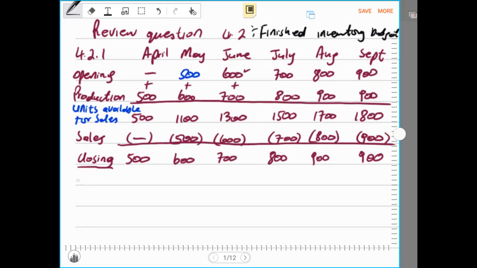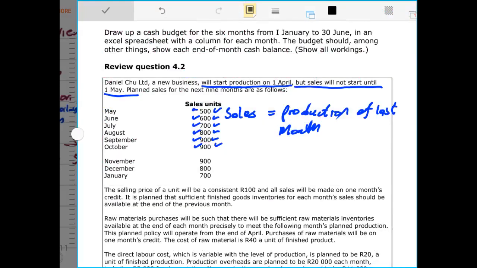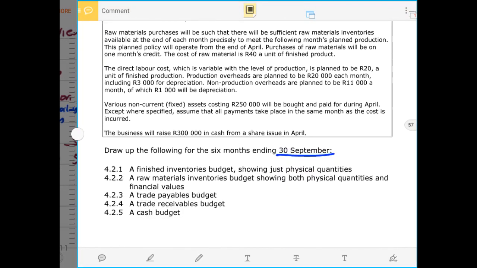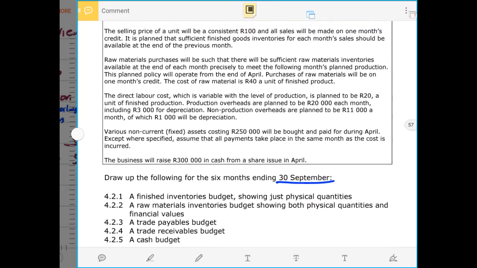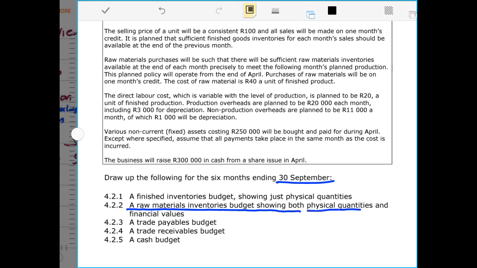And the next budget will be question 4.2.2. So now we are doing the same 6-month budget, but now it is based on the next requirement. And the next budget is a raw materials inventory budget showing both the physical quantities and financial values.